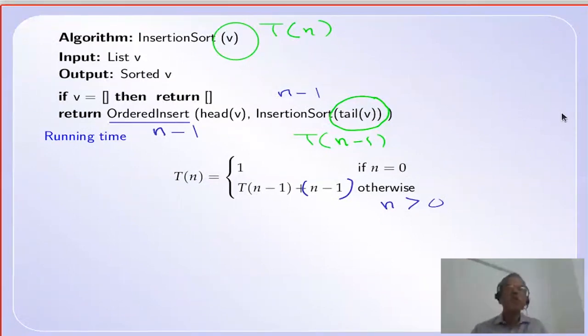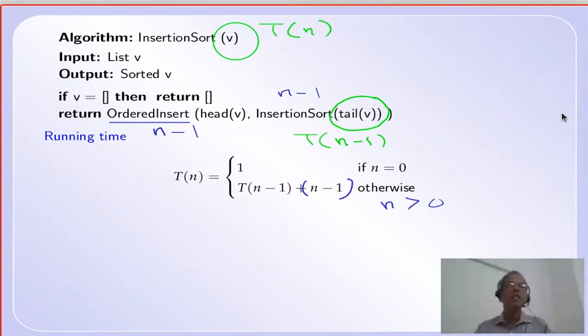The homework is, if you have not implemented it, you should implement insertion sort using an array and compare it with insertion sort using list. When you implement insertion sort using an array, you have to analyze the running time.